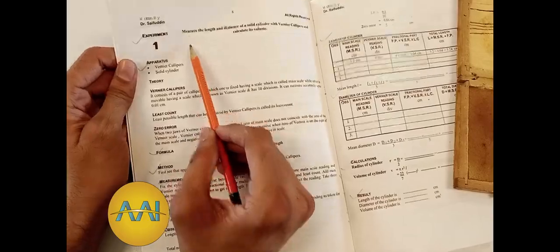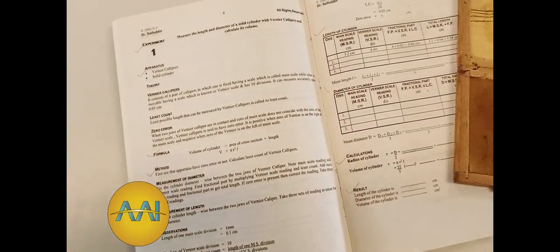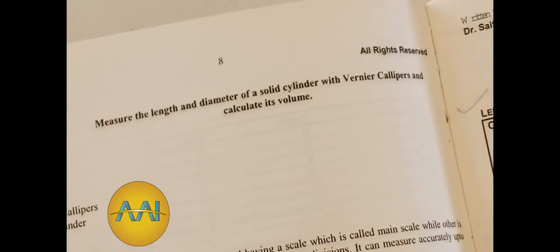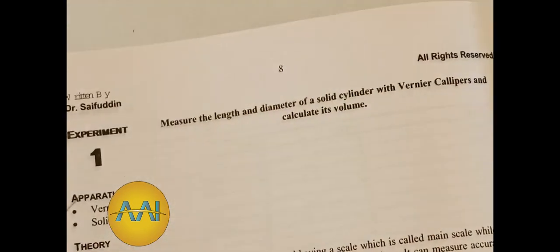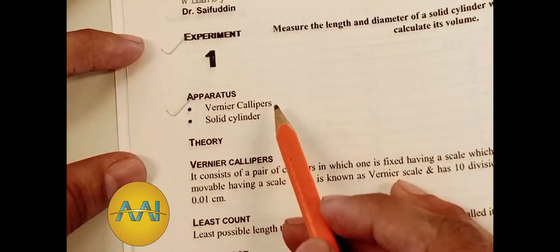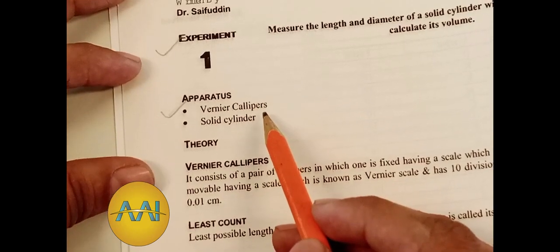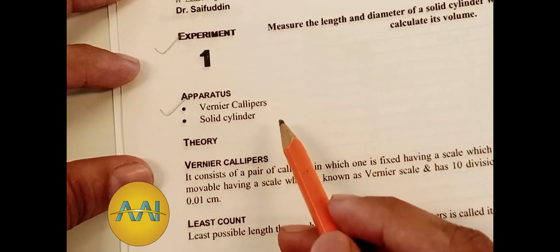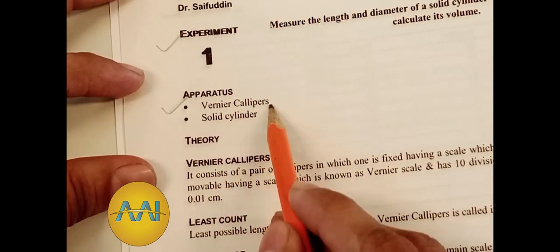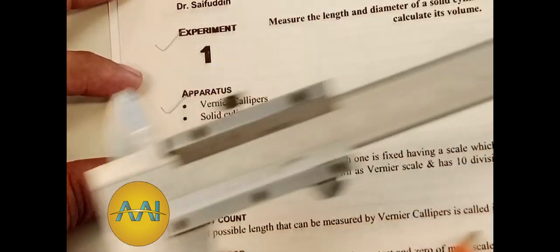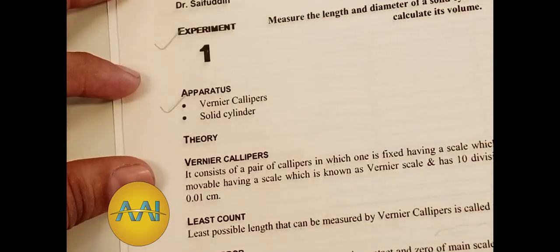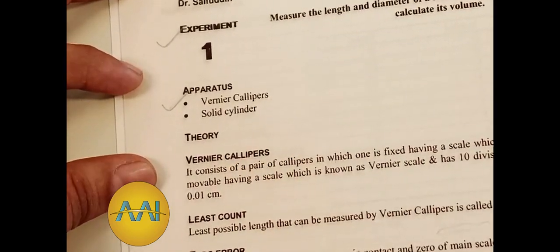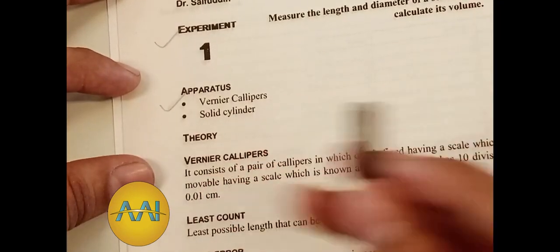So this is the experiment object. This is the object of your experiment, and this is the apparatus, the material required to perform the practical. What is your requirement? One is the Vernier caliper, as I showed you, and the other is a solid cylinder. This material is called a solid cylinder.